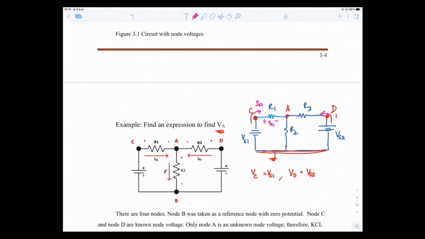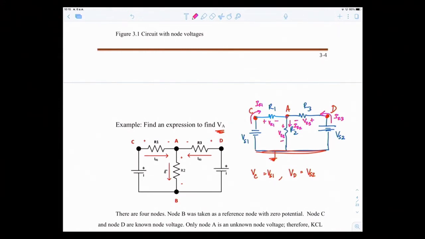So this is IR3. When it passes through R3, it results in a voltage drop, VR3, like this. Then IR1 and IR3 come together at the junction at node A, and the current can flow out down like this. So IR2, and there's a voltage drop right here, VR2.